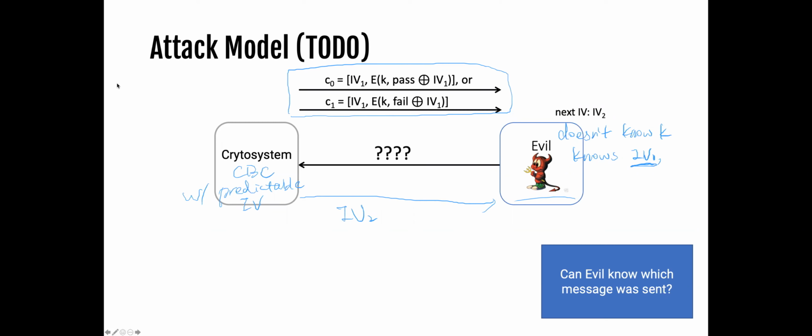And Peter also says that he could try decrypting C2 with IV1 and infer which one was sent based on M2. Can you show me the formula? What is the plain text that you're going to ask the crypto system to encrypt if you're Evil, the attacker?